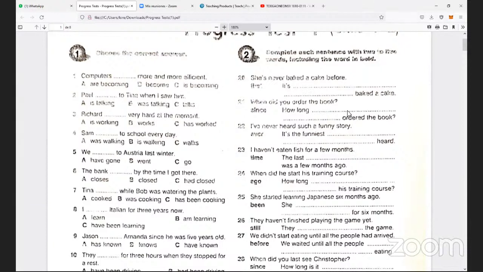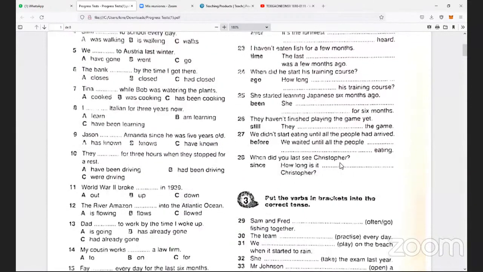Next. She has started learning Japanese for, no. She has been learning Japanese for 6 months. Perfect. Very good.